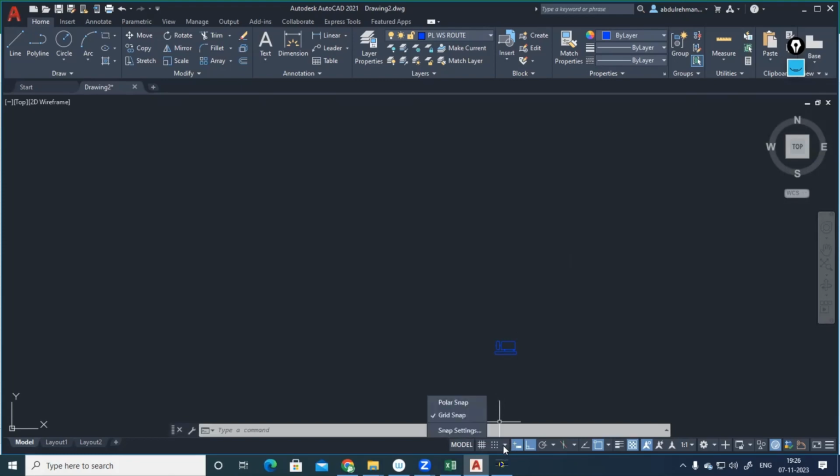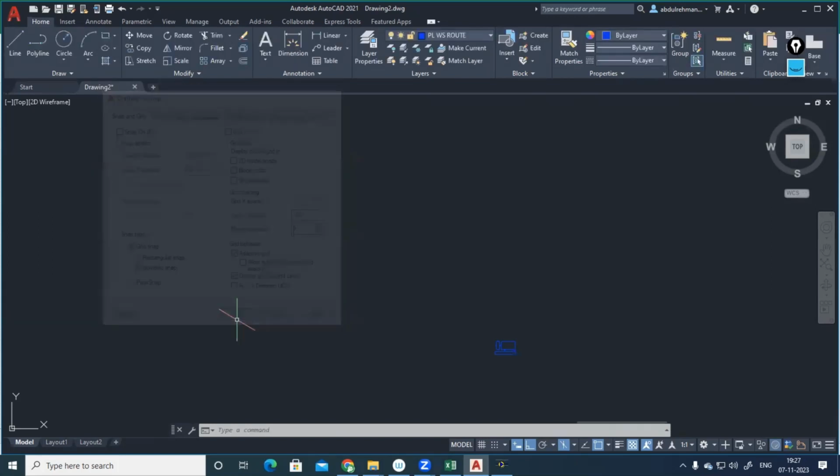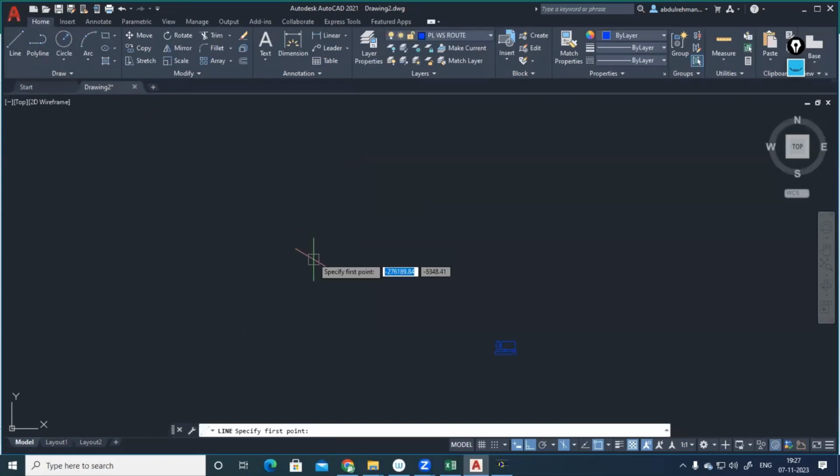You can come to the options for snap settings. From the snap settings, instead of a rectangular snap, you have to activate this isometric snap. Select this one. Okay. Now you can take your line. See, the pipe will be going this way. But if the path has to be changed, you can use function key F5.